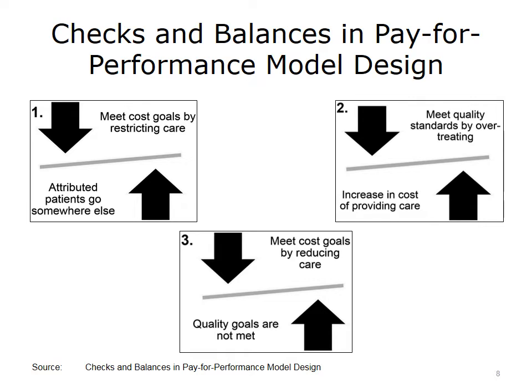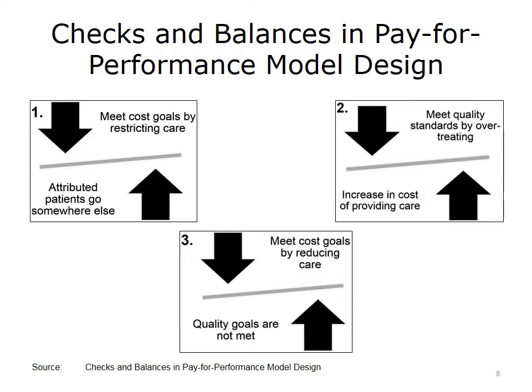The ACO, however, is still assigned the accumulated costs for these patients. Therefore, there isn't much reason to restrict care. Similarly, in image 2, it is possible that an ACO could meet the quality standards by overtreating and spending huge amounts of money. However, the payment model has cost measures in place that discourage providers from overtreating or using expensive treatments that don't improve health.